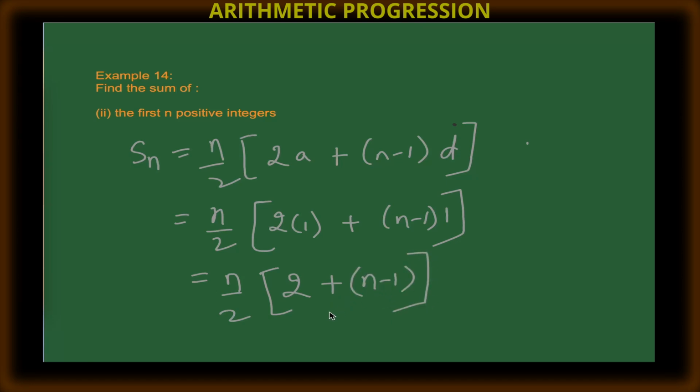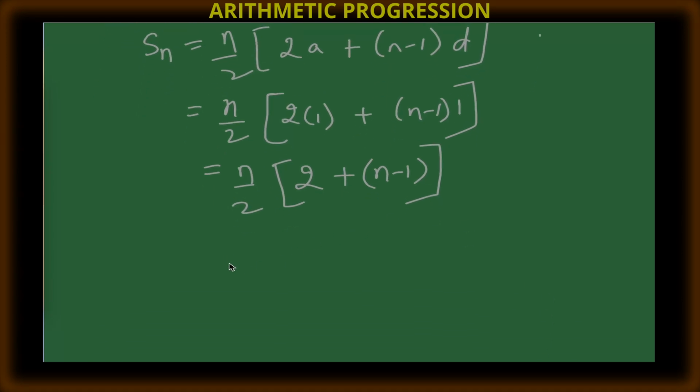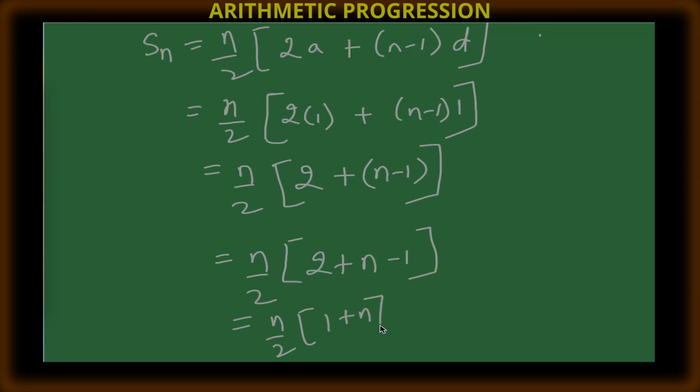Further simplifying this, it becomes n by 2 into 1 plus n. So you can write it as n into n plus 1 divided by 2 is your Sn.